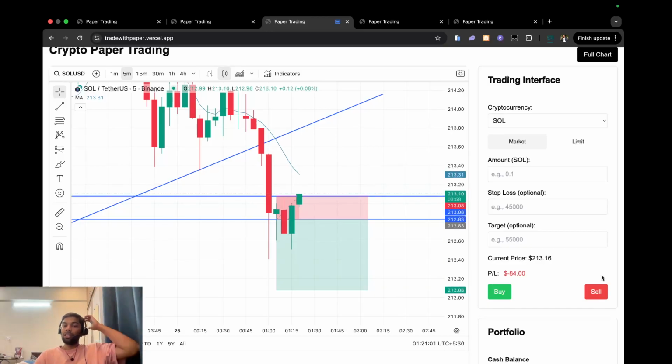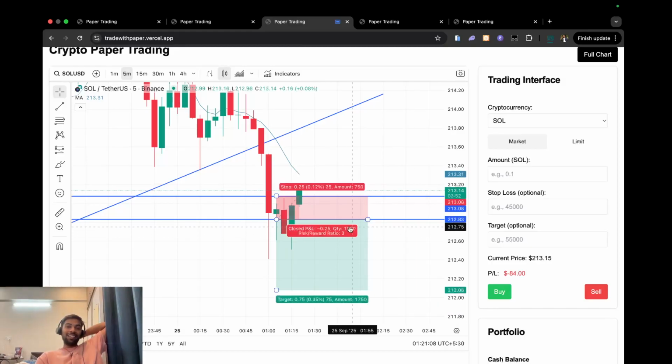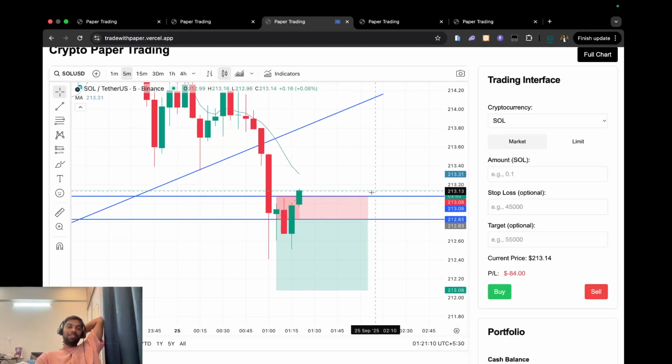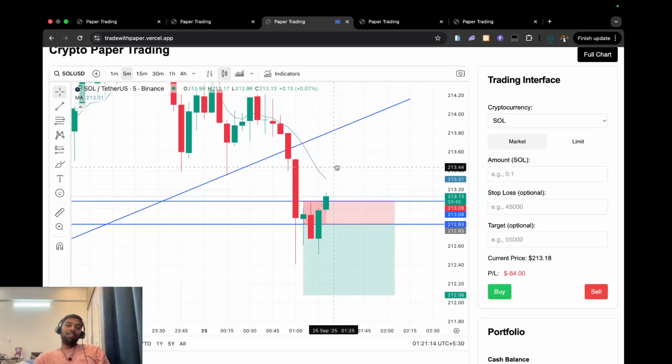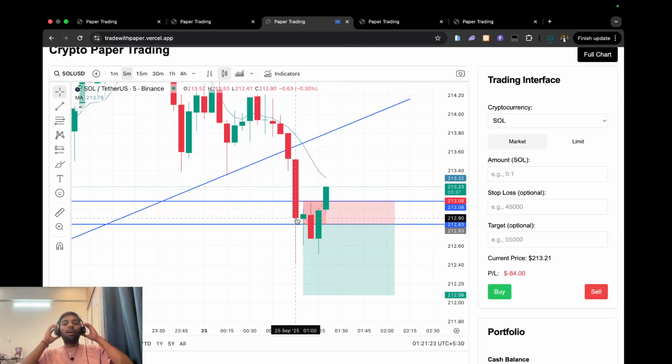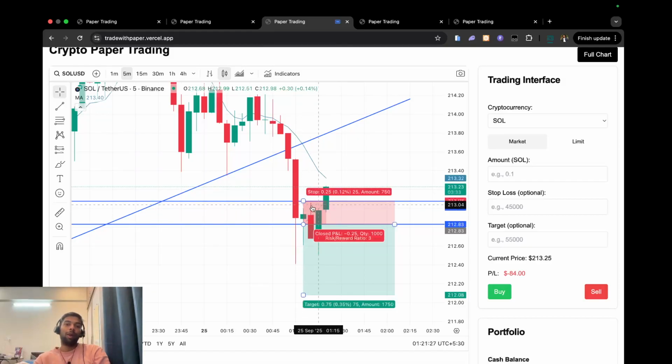I squared off my position, guys, at $84, because the previous candle is extremely bad. There is nothing we can do. Everything that we took the trade on was the downward direction, and based on the price action we thought this would continue in lower lows.